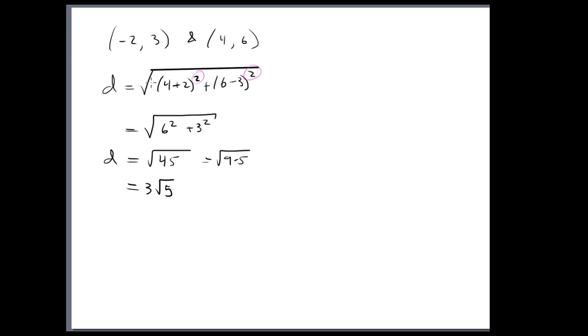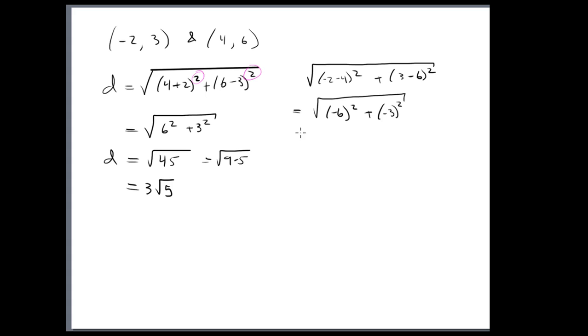So even if I get something negative, like negative 2 minus 4 squared plus 3 minus 6 squared, that'll be negative 6 quantity squared plus negative 3 quantity squared, or still 36 plus 9, square root of 45, still 3 square roots of 5. And that's what we really need for a distance. Distance has to be greater than or equal to 0.